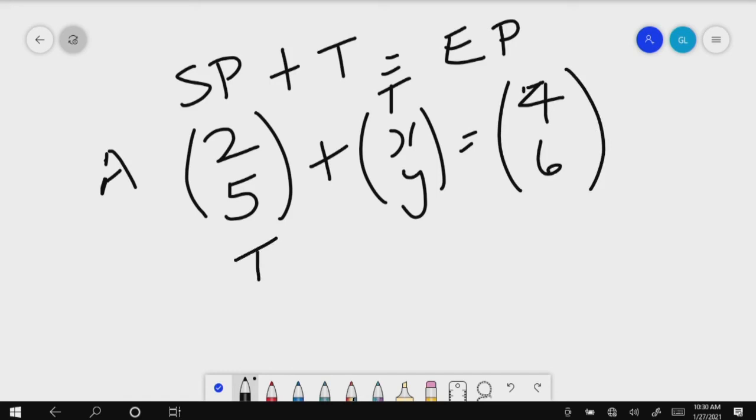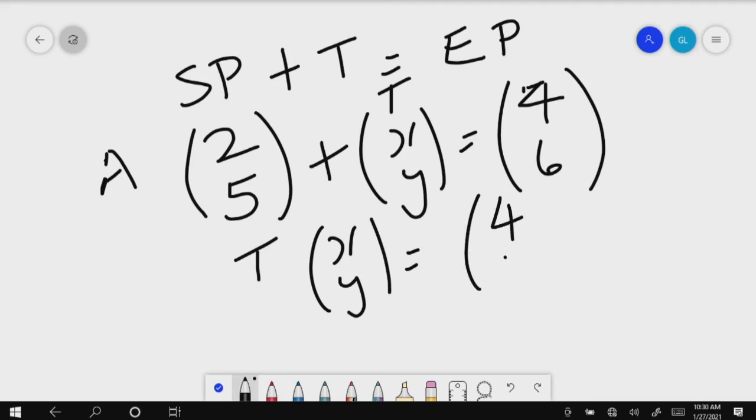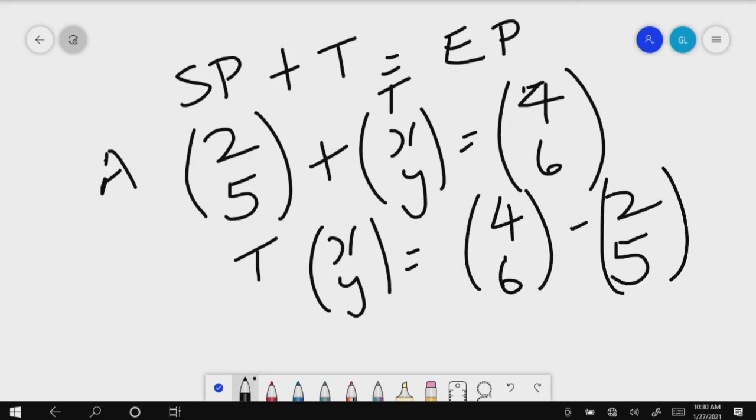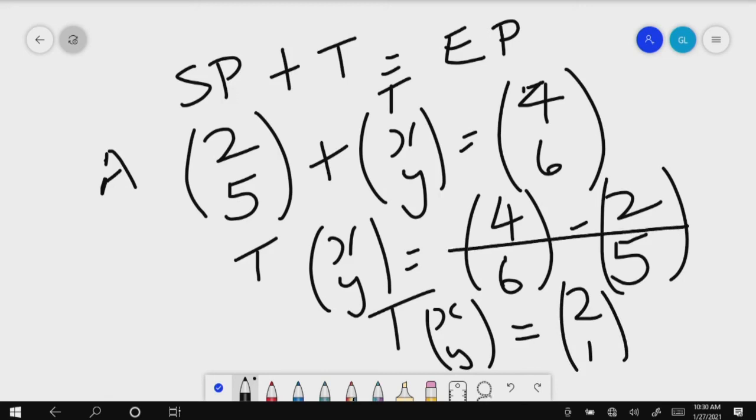In transposition, to find our translation vector, the translation vector of t x y in this case, using A and A prime, would have been 2, 1. By subtraction, 4 minus 2, 6 minus 5.